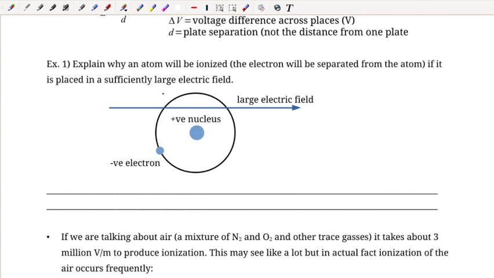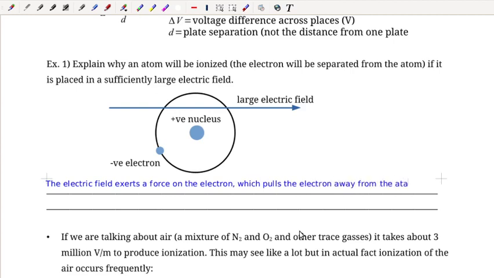Well, the answer to that is that we know that this electric field will exert a force on the electron. So that force will pull the electron away from the atom.